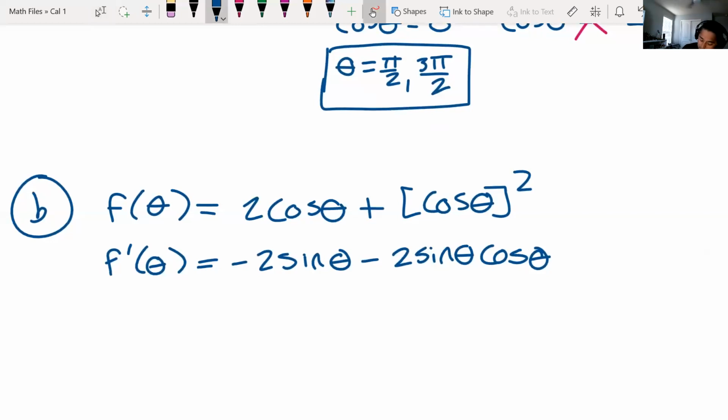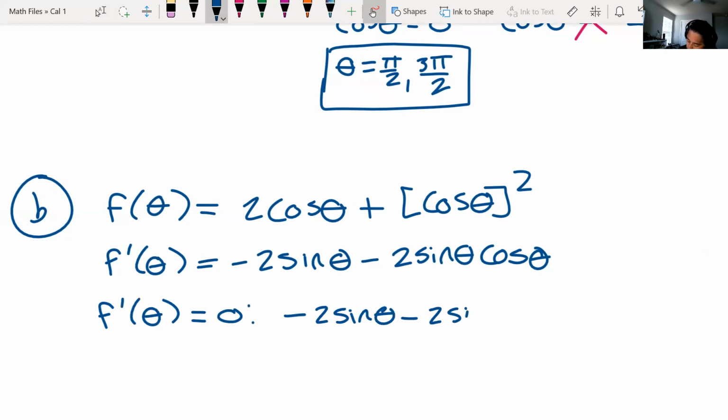Now, set it equal to 0. And negative 2 sine theta minus 2 sine theta cosine theta equal to 0. What could you factor out?